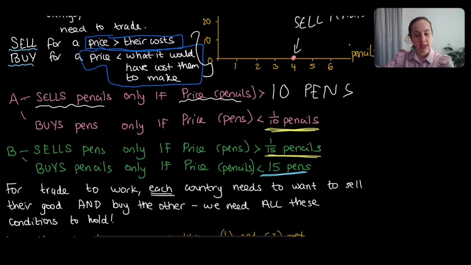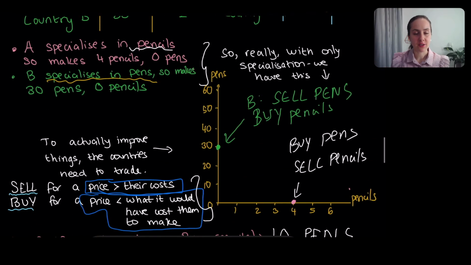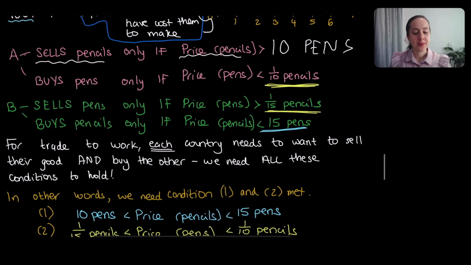But that's just me looking at the opportunity cost table combined with the buy and the sell conditions that we've just found. And here's the really interesting, a bit difficult maybe, but really interesting part. I've written below here that for trade to work, each country needs to want to sell their goods.